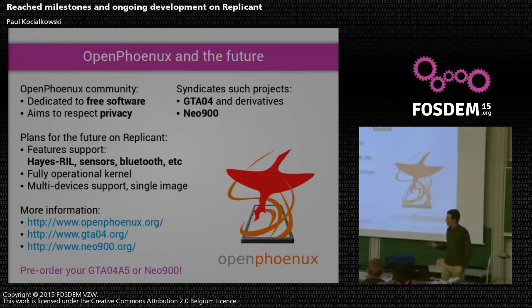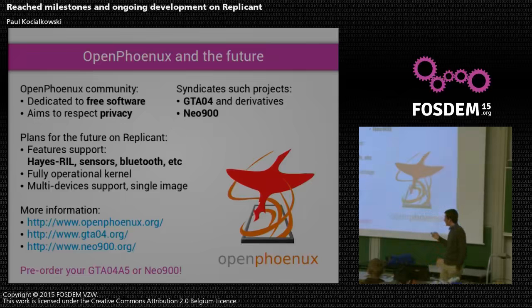So the plans for the future regarding Replicant is for me to add real support for sensors, Bluetooth, all the stuff that's missing basically on the official Replicant version, so that you can use all those things. That's important, obviously. We want to have a fully operational kernel, so no more PM issues. That would be cool.